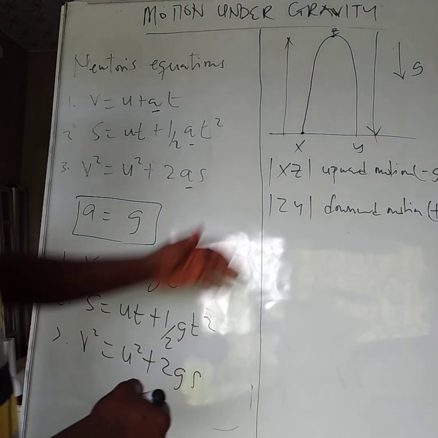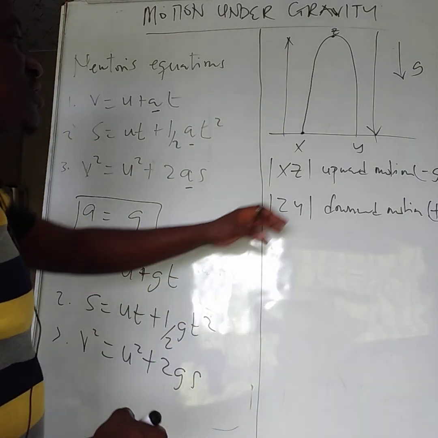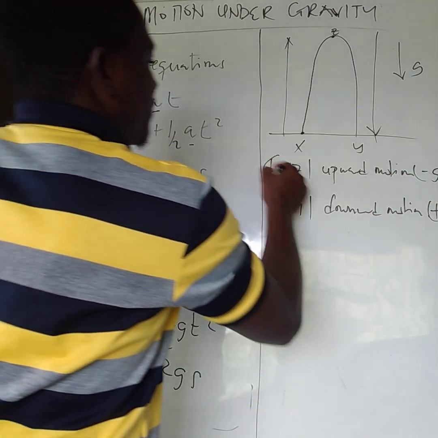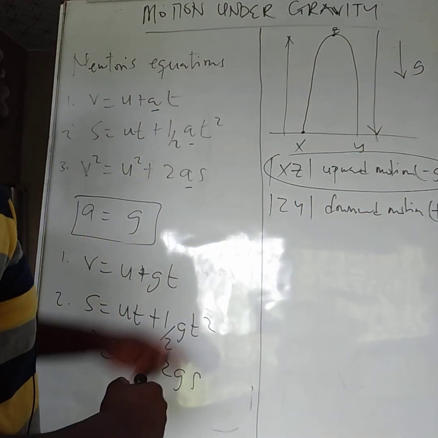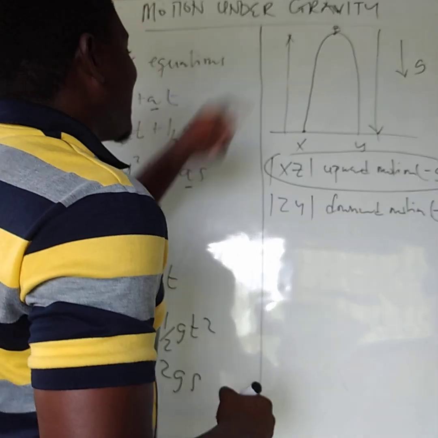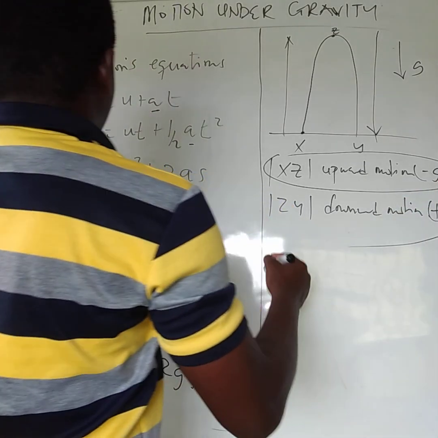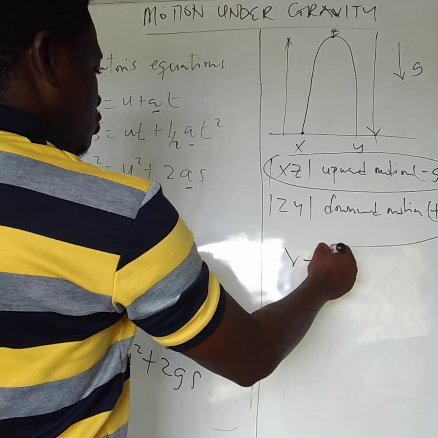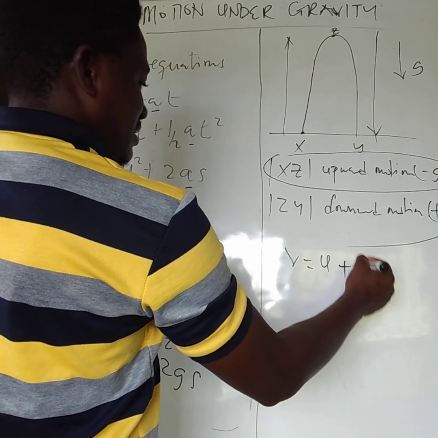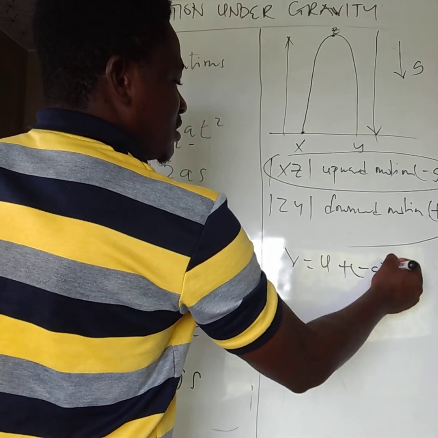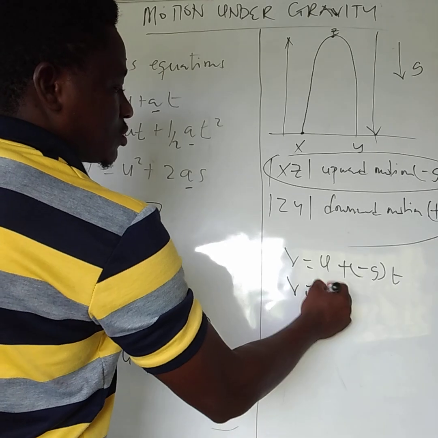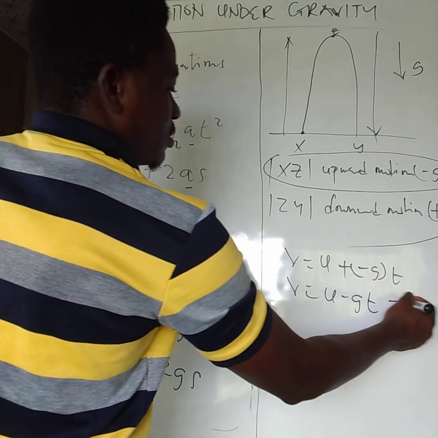Therefore, if we want to write equations of motion for upward motion, since the body is moving against gravity, the first equation is V is equal to U plus, in bracket, negative Gt. So this becomes V is equal to U minus Gt. Equation 1.